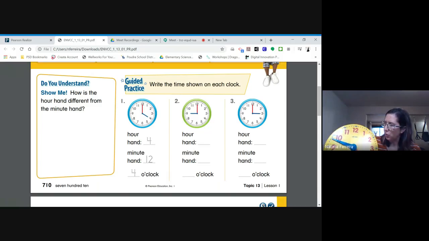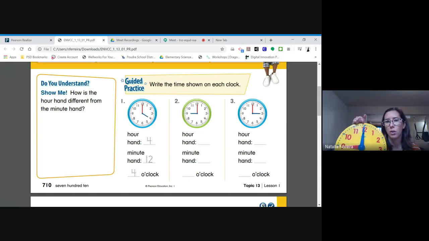Look at number 2. Where is the hour hand pointing to? The hour hand is pointing to the number 9. The minute hand is still pointing to the number 12. Hour hand is 9.